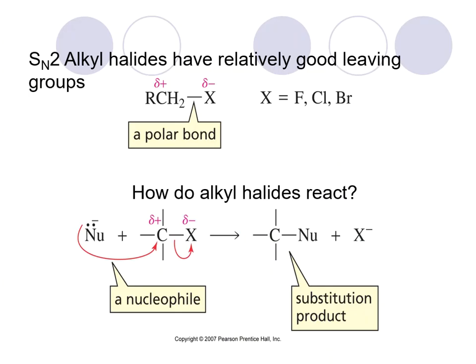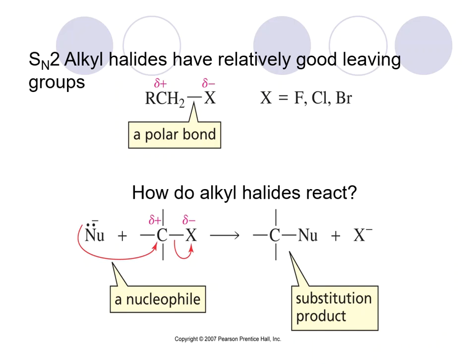So with that said, here on the screen, what you're seeing are SN2 reactions. They have what we call very good leaving groups. So up here at the top, you're seeing the polarity difference between the carbon and the halogen. The halogen's more electronegative. The halogen has this squiggly minus. The carbon, because of that, is more positive.